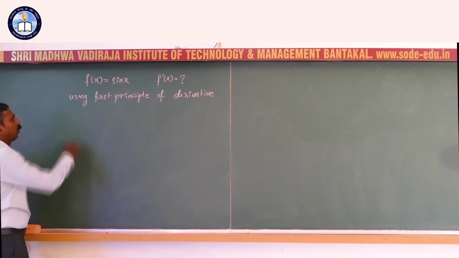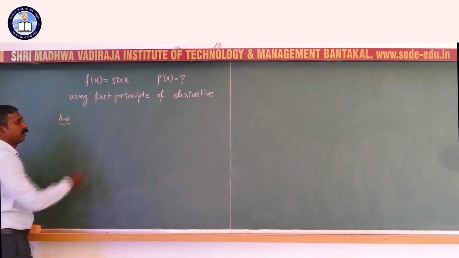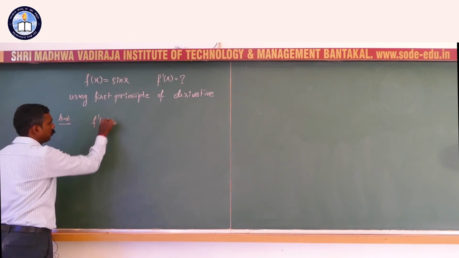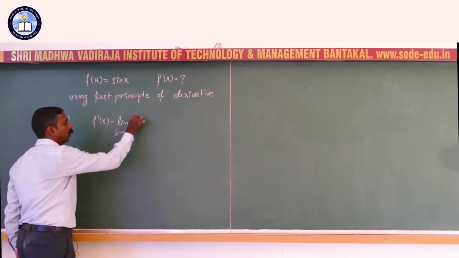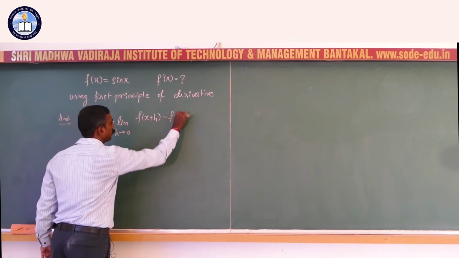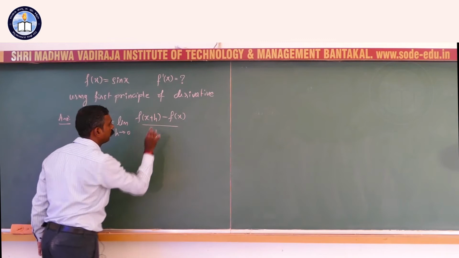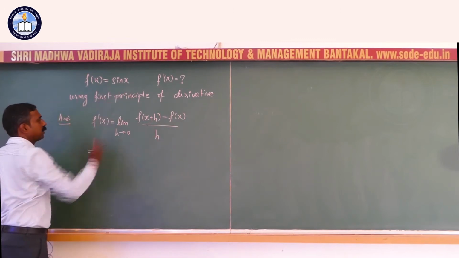Let us recall once again the first principle of derivative: f dash of x is equal to limit h tending to 0 of f of x plus h minus f of x divided by h. Here f of x is sin x.